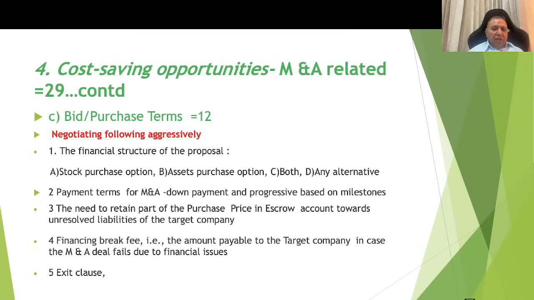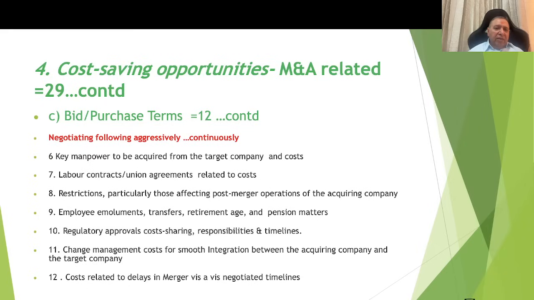Financial break fees, that is the amount payable to the target company in case the M&A deal falls through due to financial issues. And exit clause, key manpower to be acquired from the target company, and cost, labor cost, and union agreement related costs. Particularly important is the post-retirement cost payable.